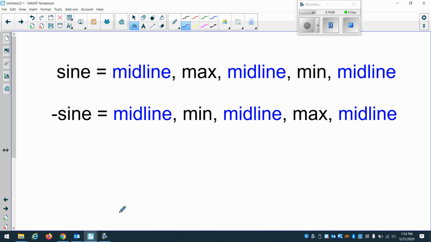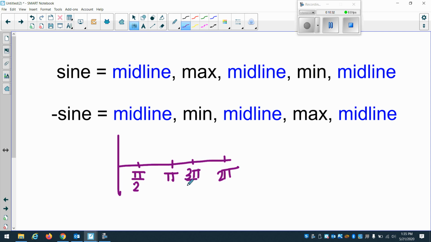So think of when you're graphing sine, okay, and say 2 pi is the period, half is pi, half of pi is pi over 2, pi over 2 times 3 is 3 pi over 2. Okay, and the parent function sine graph has 1, -1. Your midline is at 0.